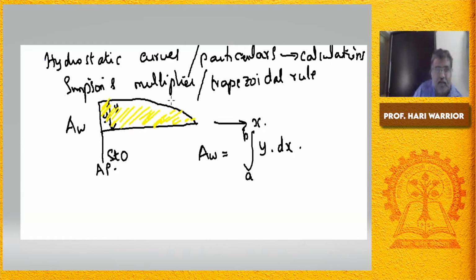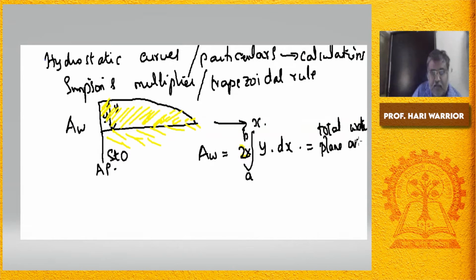And therefore we need to have twice the area, so we need to have an area here also. So this 2 into integral y dx is the total water plane area.